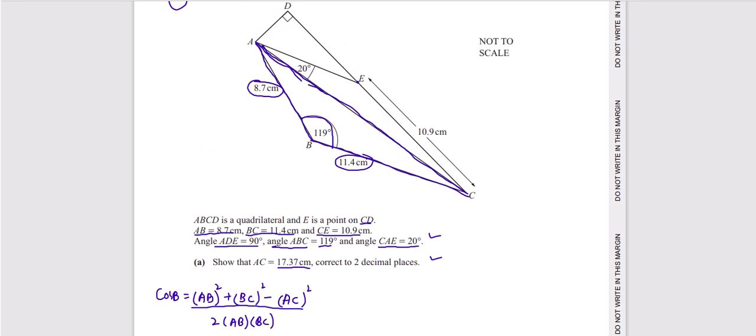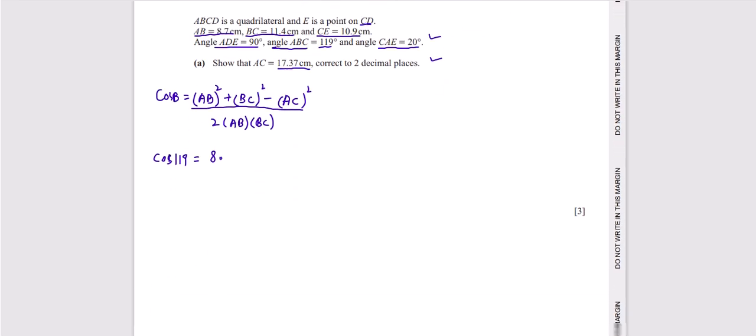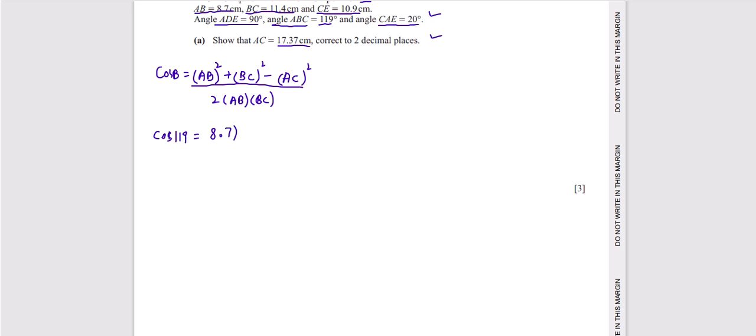This one is the value of AB. 8.7 square plus BC is 11.4 square minus AC square, divided by 2 into the value of AB, 8.7, and BC, 11.4. So calculate these values.